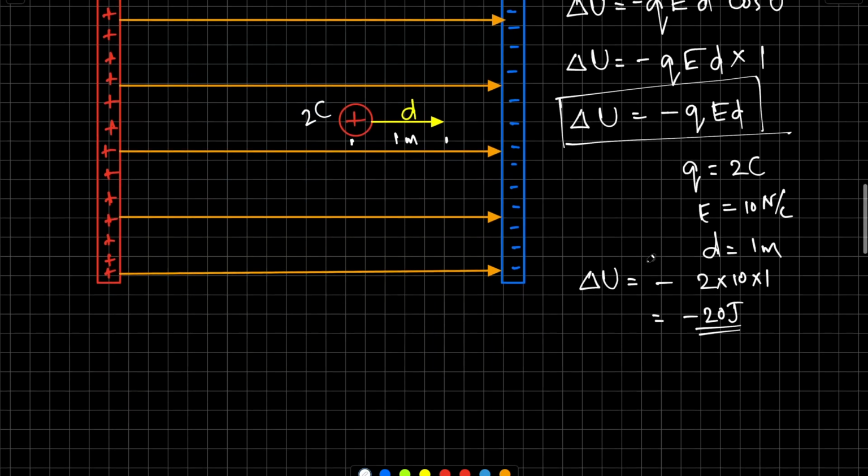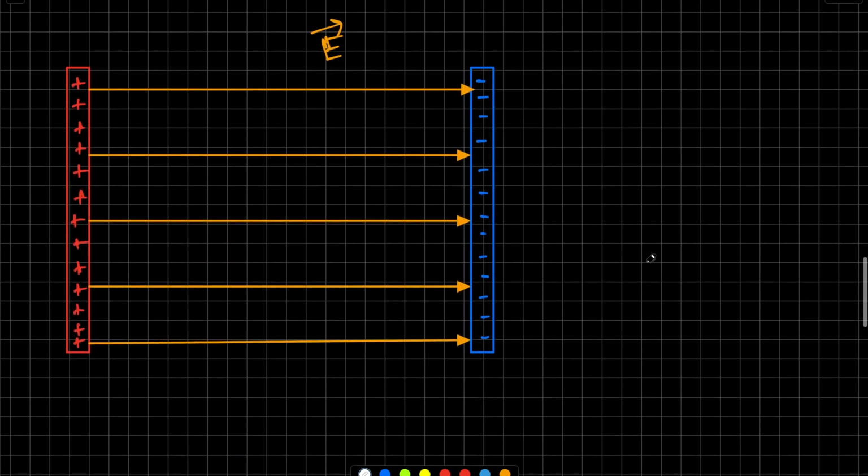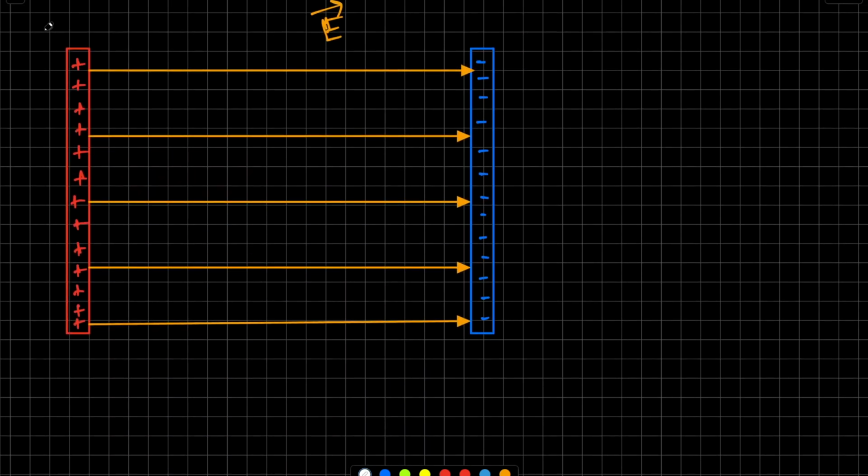Now the next case, the second case. This is case number 2. Again, we have a positive charge in the electric field. And this time, the charge is moving perpendicular to the electric field. This is the direction of the displacement, perpendicular.